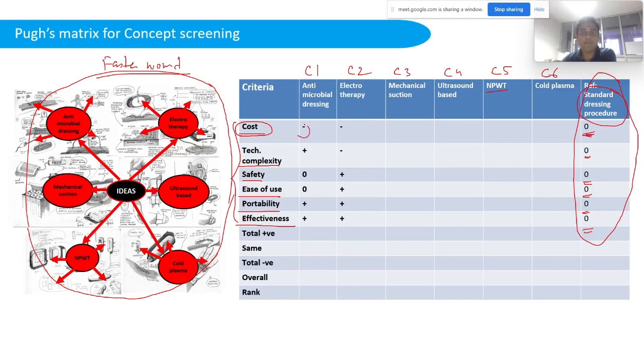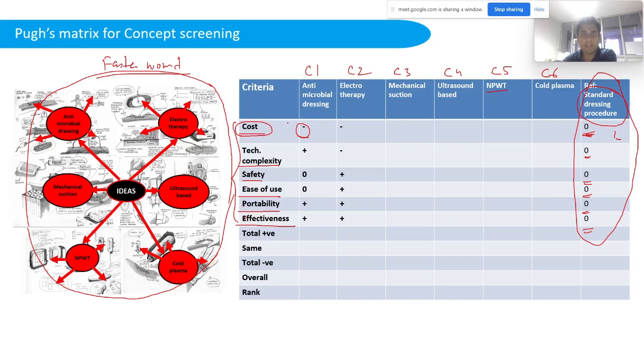That's why it's a negative feature. Similarly, technology complexity will be less because in the standard procedure there are a lot of consumables, a lot of skill dependency required.